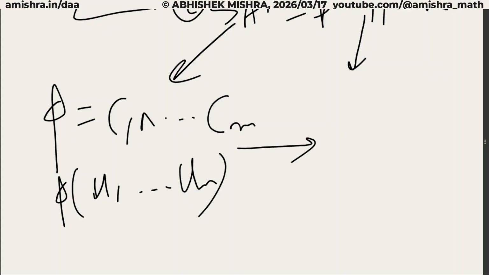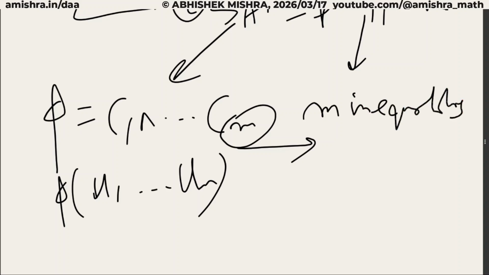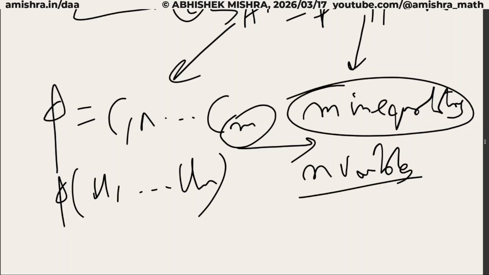Now we have to make a 0-1 integer program. It will have m inequalities and n variables. So variables we keep as they are. The only thing is how we make the inequalities. For each clause we will have one inequality.